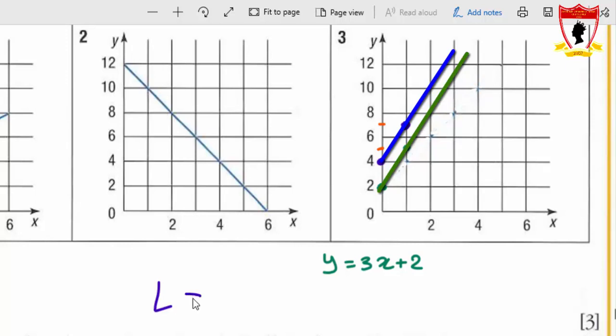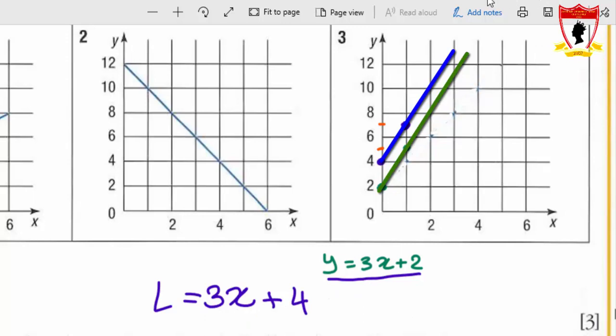L, there must be a plus 4 in it because it passes the y-axis at 4. And since it's parallel to this equation, it must have the same gradient, 3x. The equation of line L is 3x plus 4.